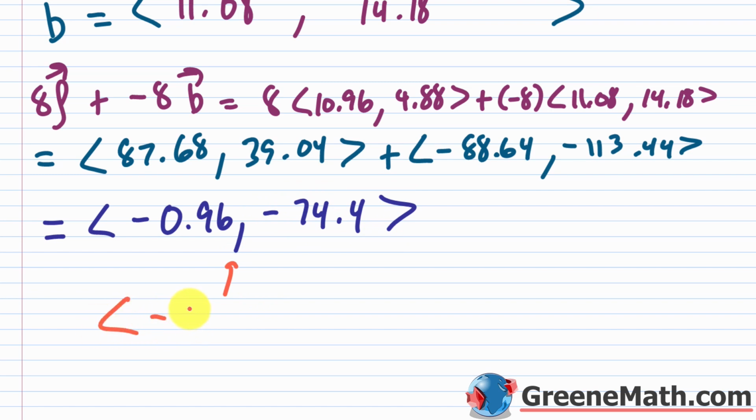So you're going to get negative 0.95 there. Okay, so very close. And then negative 74.43 there. Okay, so this answer is fine. Again, when you use a computer for this, it's going to be more accurate. So the component form that we found, the horizontal component is negative 0.96, and the vertical component is negative 74.4.